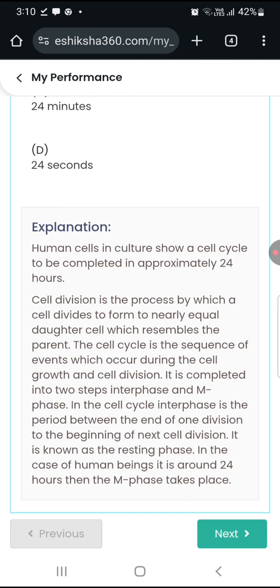It is completed in two steps: interphase and M-phase. In the cell cycle, interphase is the period between the end of one division and the beginning of the next cell's division. It is known as the resting phase. In the case of human beings, it is around 24 hours. Then the M phase takes place.